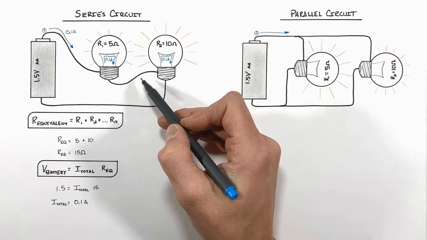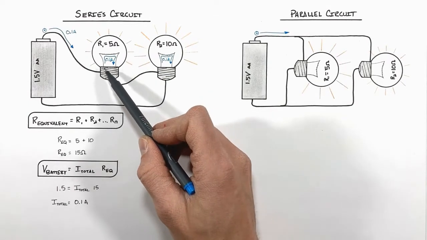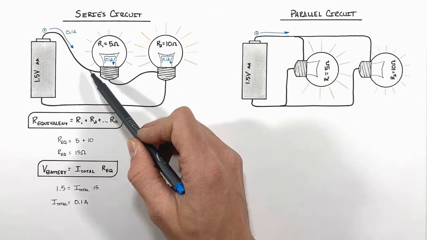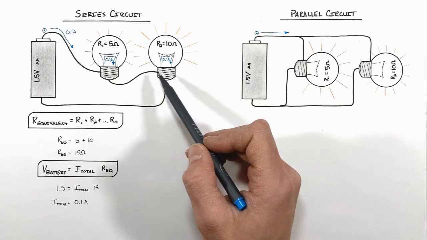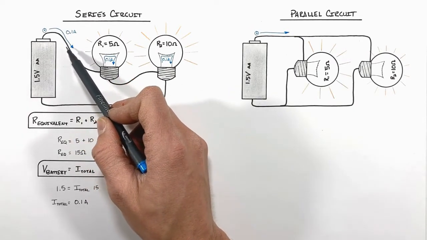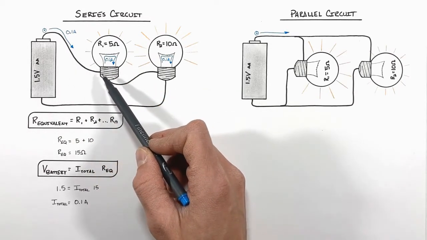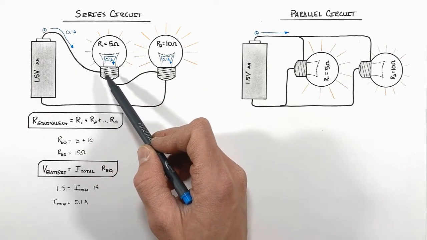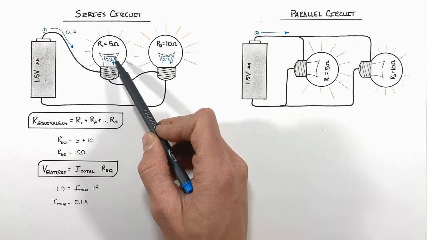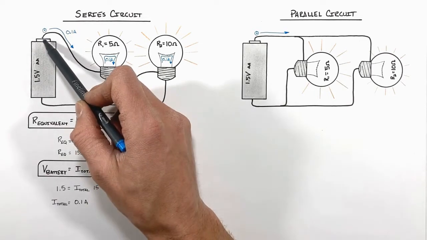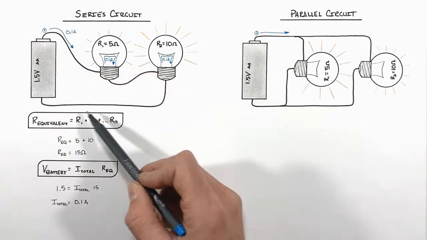It's a common misconception to think that the current somehow gets used up or disappears as it passes through a resistor. The current, remember, is just a bunch of charges or electrons which are flowing through these wires. The electrons can't disappear or get used up. They have to keep flowing from one side of the battery all the way through the circuit to the other side of the battery.